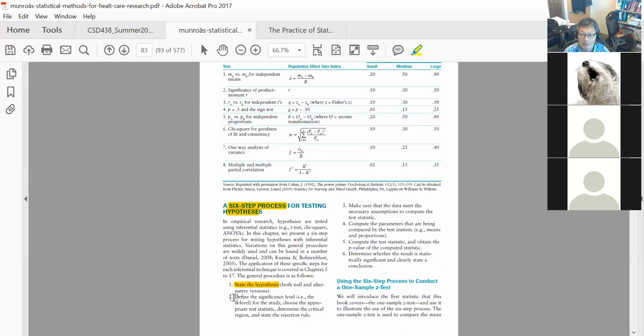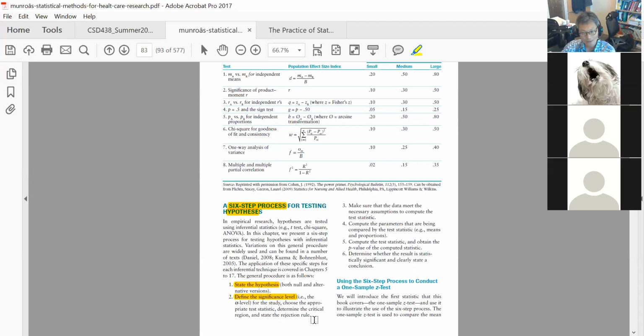The second step is to define the significance level. Usually the alpha level is 0.05. Then choose the appropriate test statistic, determine the critical region, and state the rejection region rule. Based on this significance level, we calculate the test statistic from our sample and compare it with the critical value.